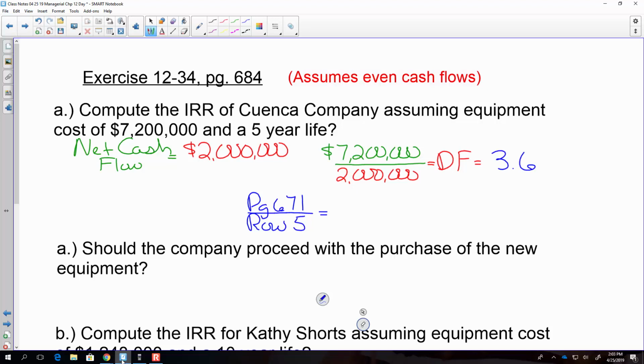What percent? I'm looking for the percent. 3.6. I think it's row 5, right? Yeah. What's the closest one to 3.6?